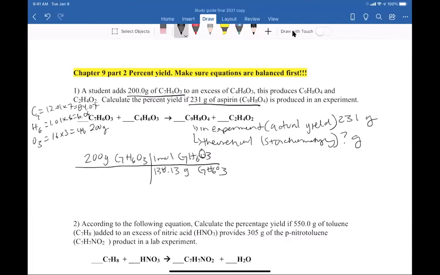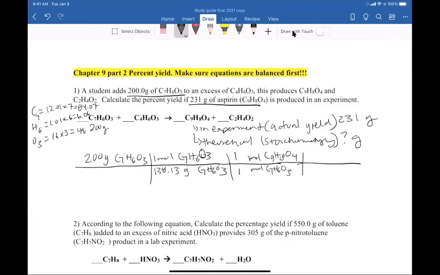Okay. Now we go from mole to mole. Remember, what you want to get rid of is always at the bottom. We don't want to use C7H6O3 anymore. We now want, which is the actual, where the actual yield we got, which is C9H8O4. All right, and since they are balanced and we didn't use any coefficients, it's a 1-to-1 mole ratio.